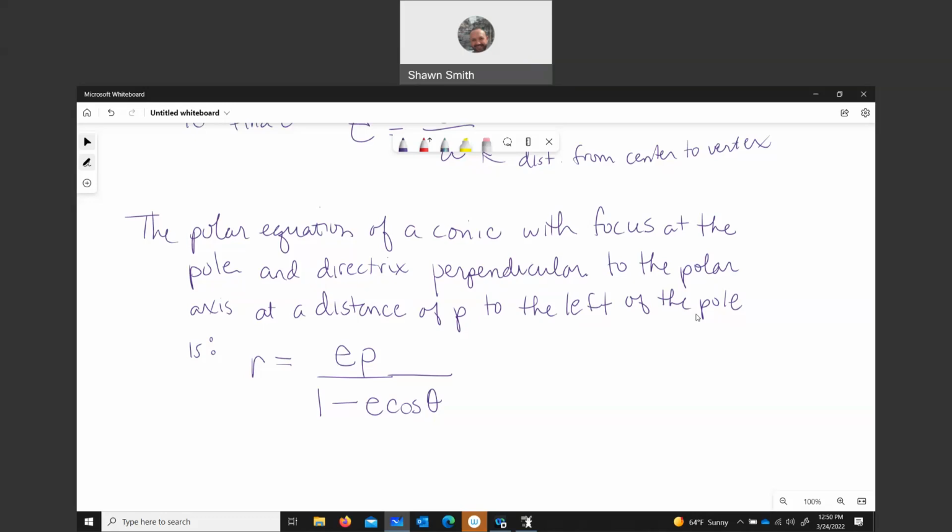We'll put them all together later and analyze what type of conic we have. So if I have this, analyze and graph the equation.